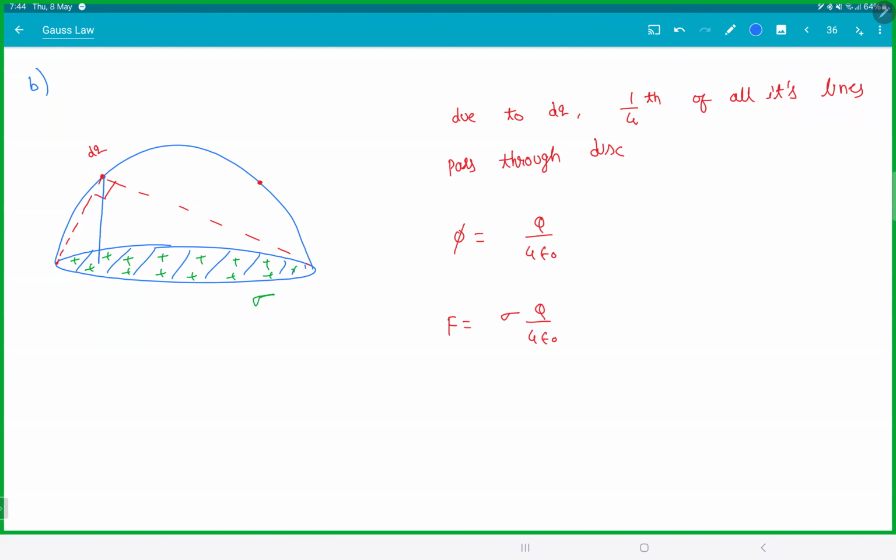You can take any point, right? You can take this point and this point, that is also 90. You can take this point and this point, that is also 90. So it doesn't matter which diameter you take. It will make 90 degrees with any diameter on the disk. So in any plane, 1/4 of the lines are passing. So the total flux must be 1/4 of the total flux. Is this clear, everyone? Clear?